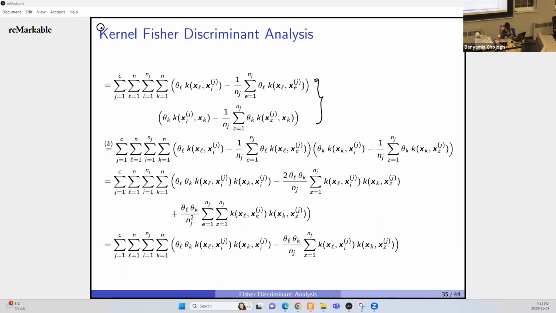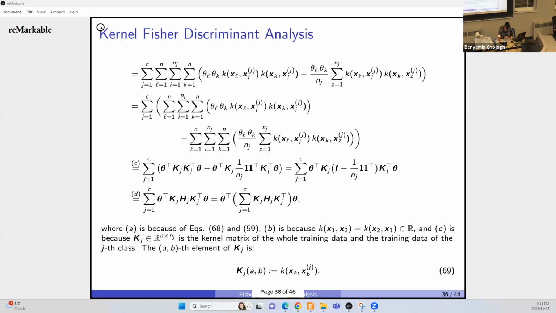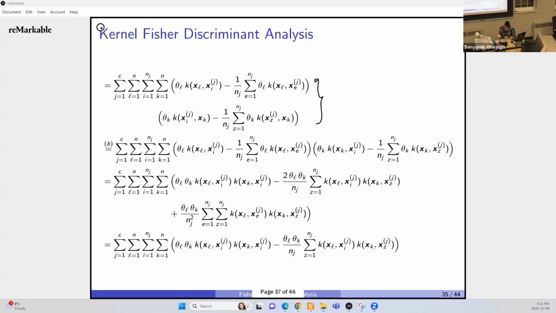Where were we? Give me a second to think. I don't remember what we had done here. Give me a sec. Oh, okay. Do you see that here? I have the kernel between XZ and XK.